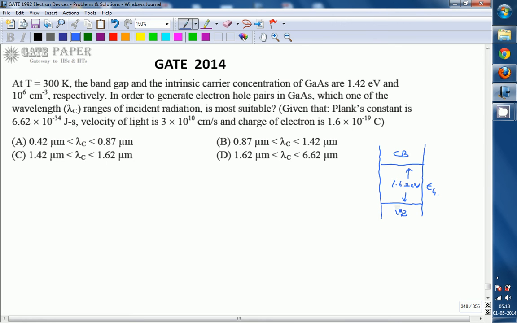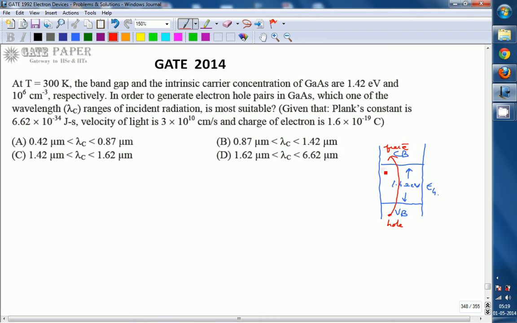If an electron hole pair has to be generated, a valence electron should move towards the conduction band. Whenever a valence electron moves from the valence band to the conduction band, a hole is created, that is an empty energy state, which is called a hole, and the energy state in the conduction band is filled with this electron, so that a free electron is created.